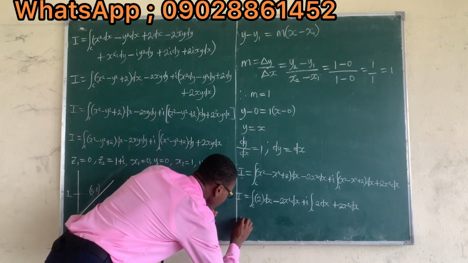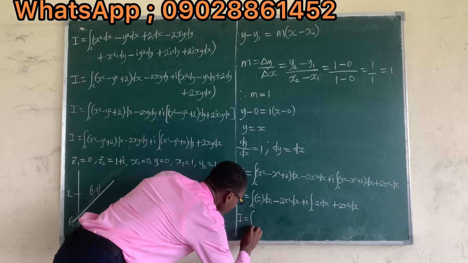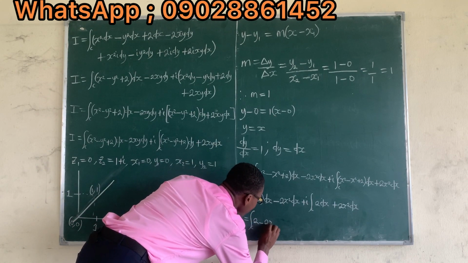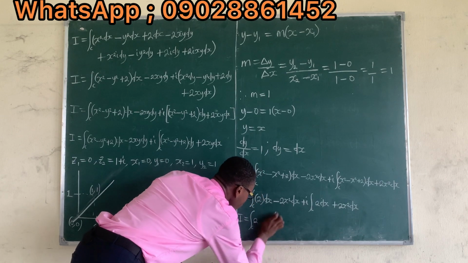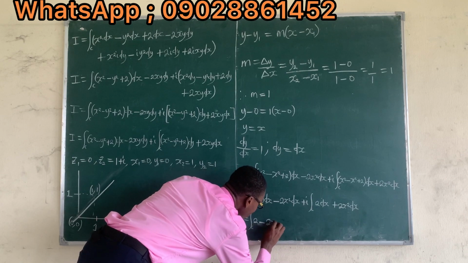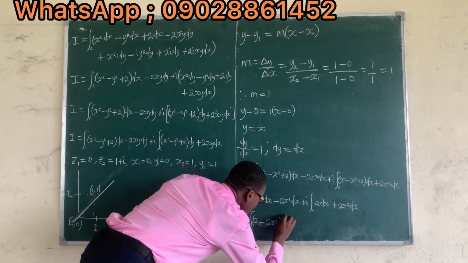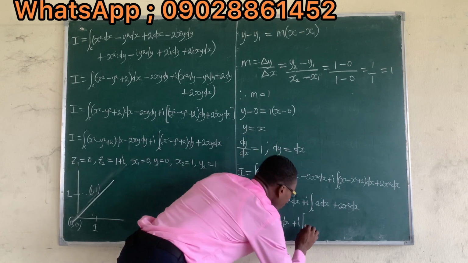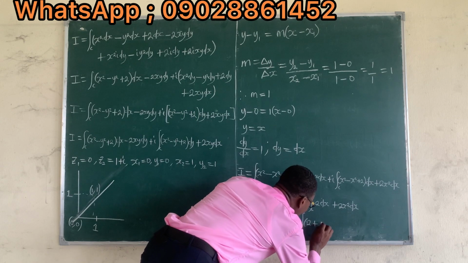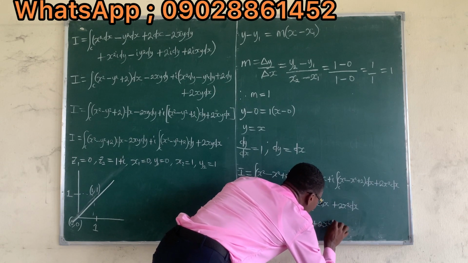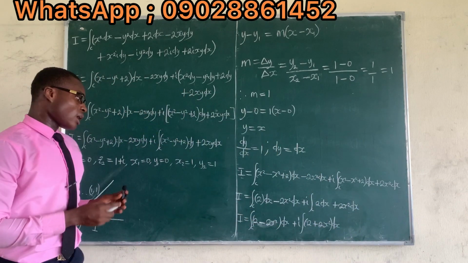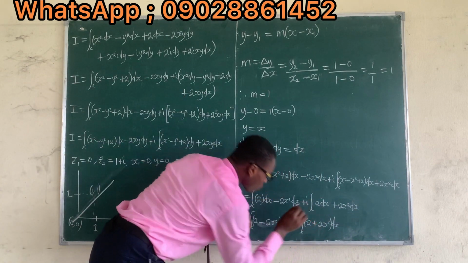So this means that I is equal to the integral of (2 minus 2x squared) dx plus i times the integral of (2 plus 2x squared) dx. We can now go ahead and integrate this completely.